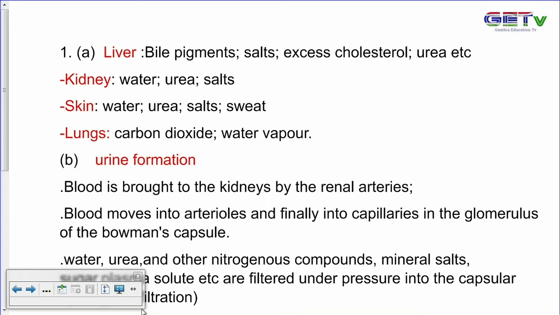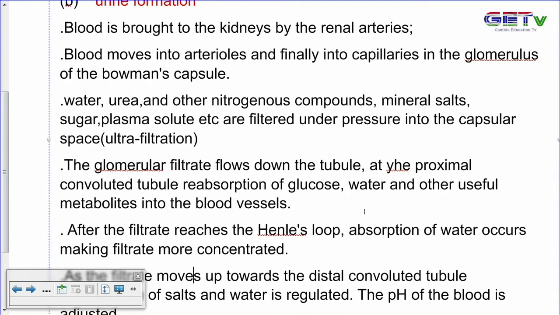So now the next thing we move on to was urine formation. How urine is formed. Blood is brought to the kidney by the renal artery. After the blood comes from the renal artery, it has to pass through the glomerulus.